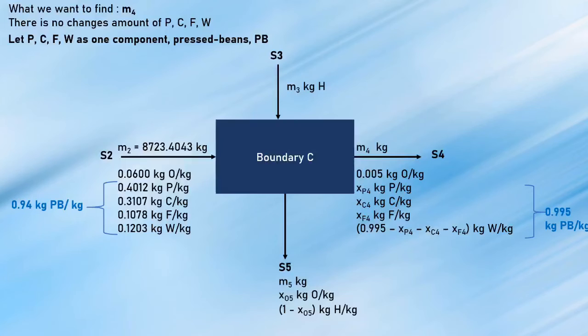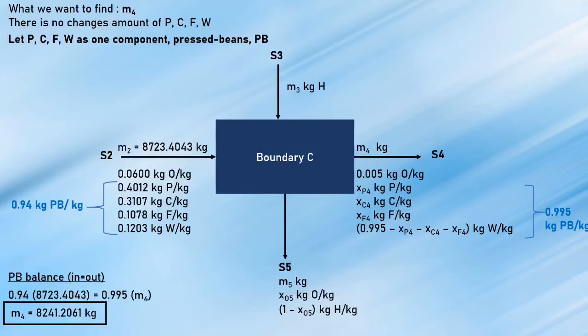Then we can use the PB balance to find M4. So from the previous question, we get M4 is equal to 8241.2016 kilogram. Then based on the information, we can calculate the mass fraction of each component using the information given.